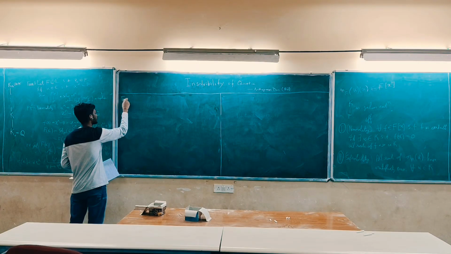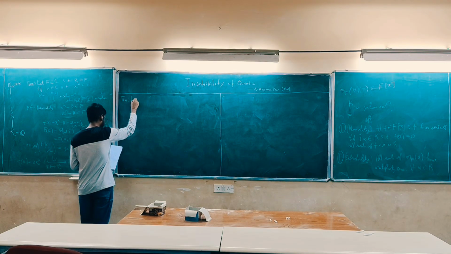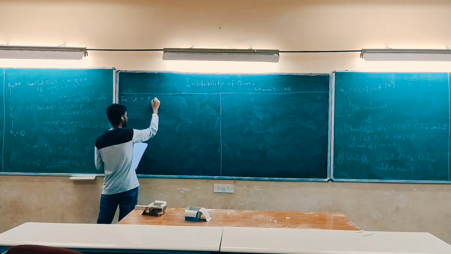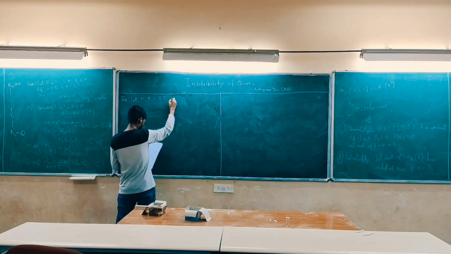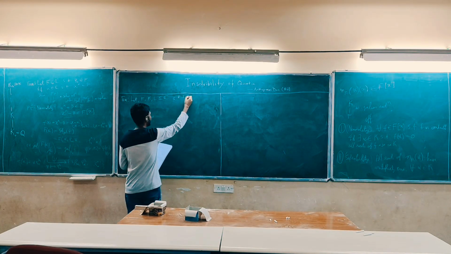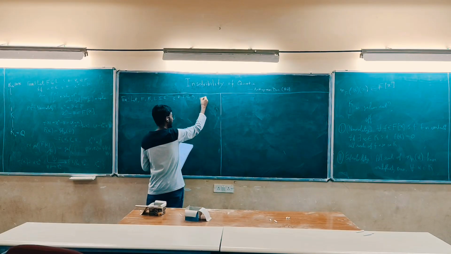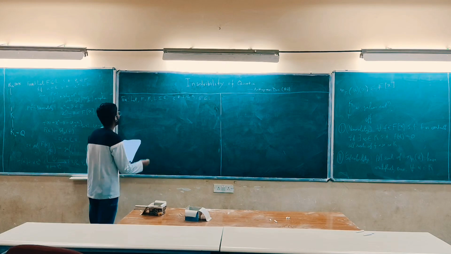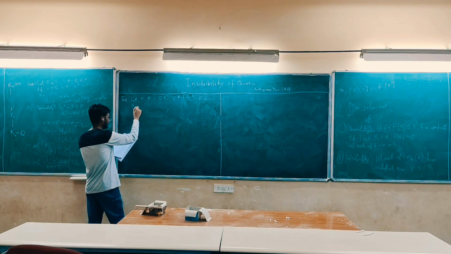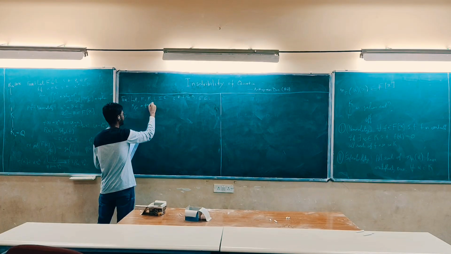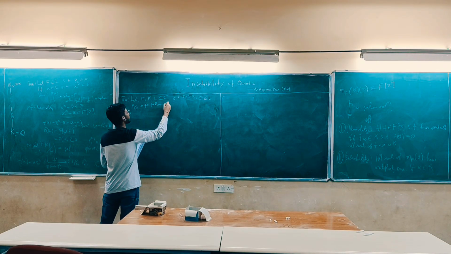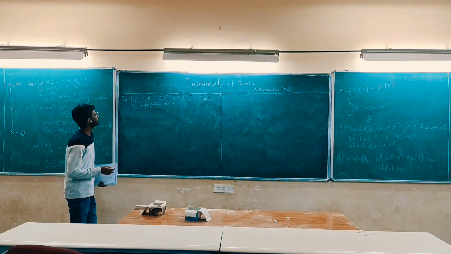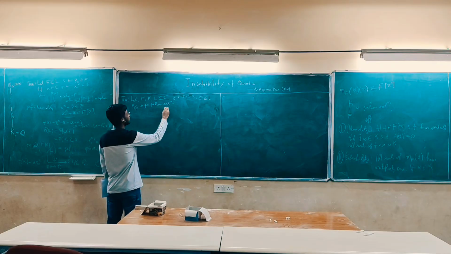Let K and L be fields, with K over F finite. Basically, the picture comes out to be this.